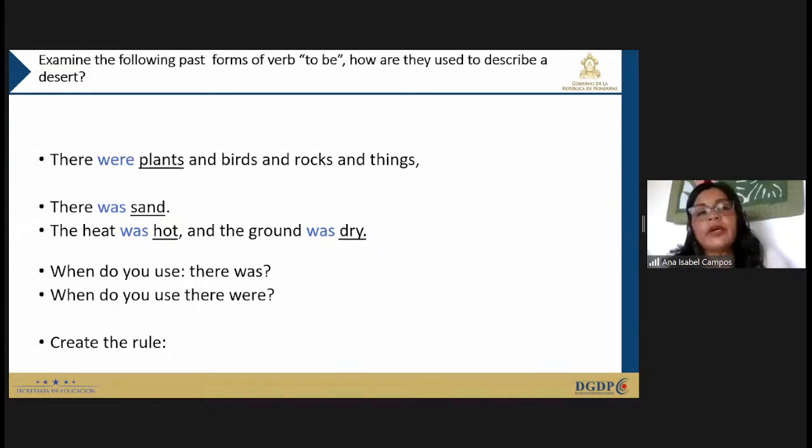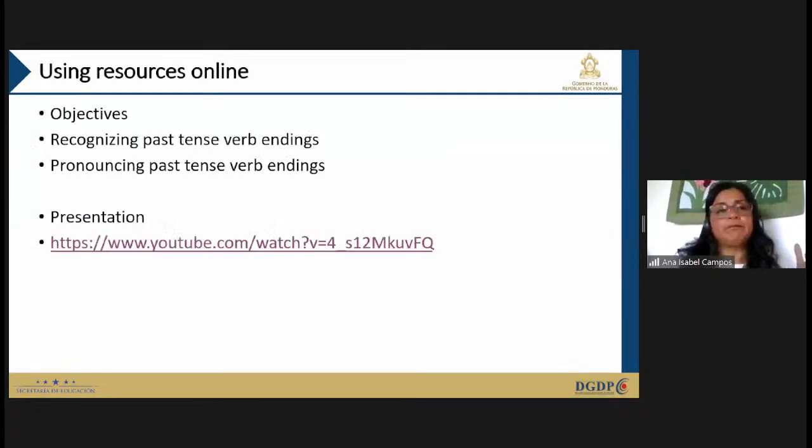There were plants, birds, rocks, things. There was sand. There was heat. So we can use a covert form so that they can create the rules based on this. When do you use were? When do you use was? To talk in past tense when you are describing. Then after that, they can begin using the forms, right?